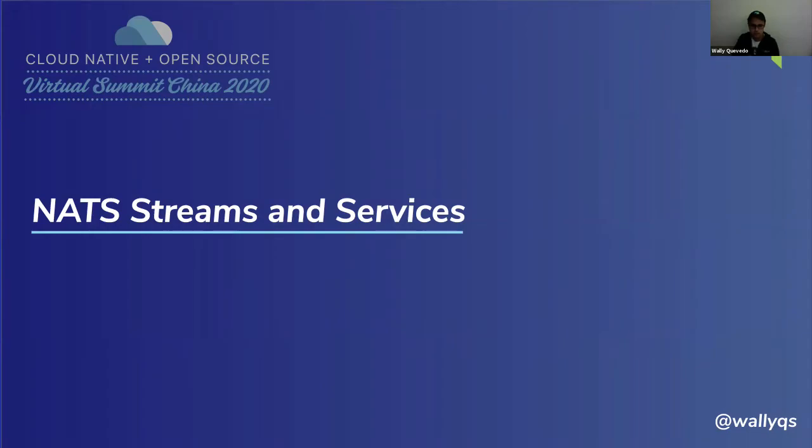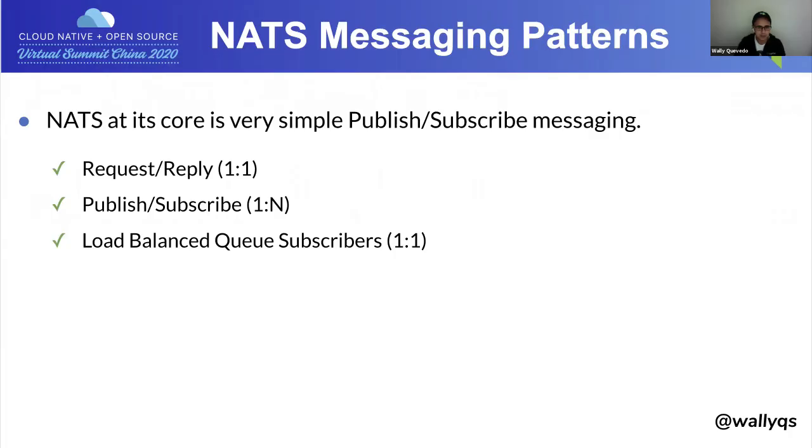So NATS at its core is publish-subscribe messaging. When we're talking about the APIs from NATS, you can do a request-reply, which is one-to-one, sending a message and expecting a response back. You can do publish and subscribe, which is where any number of consumers receive the message.